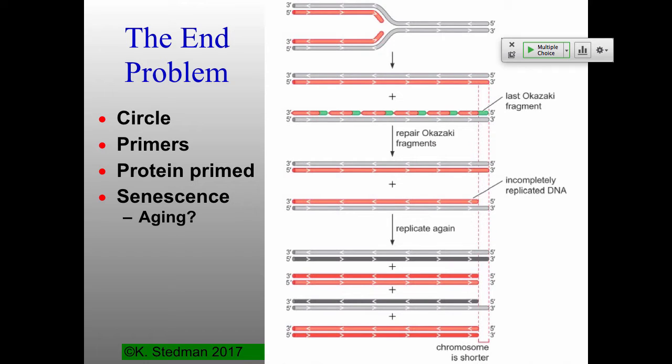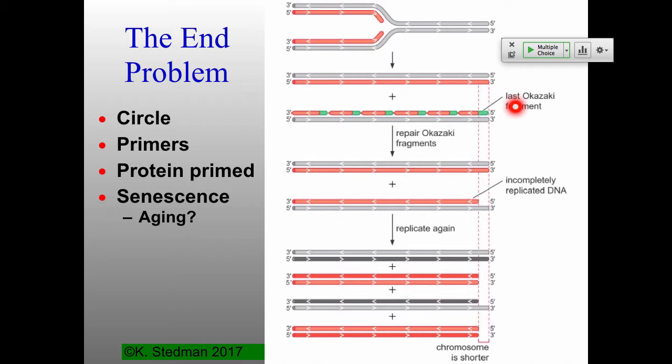So that when you have replication, it doesn't get shorter and shorter and shorter. Because for each of these lagging strand pieces, the semi-discontinuous replication, you have an RNA primer. That RNA primer gets removed. Normally, it would be copied due to the DNA polymerase that would sit down here and extend it.